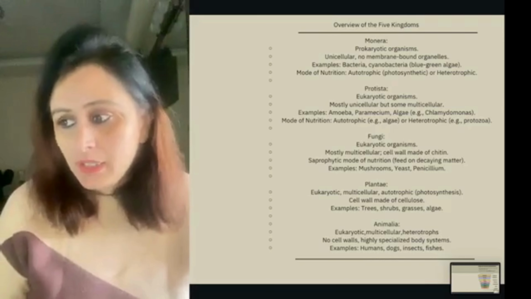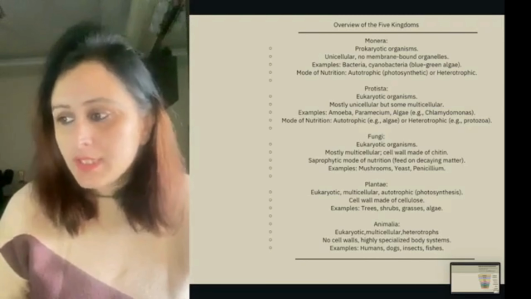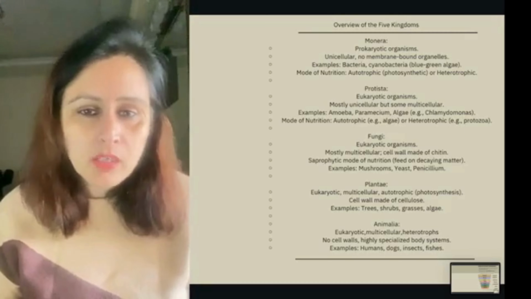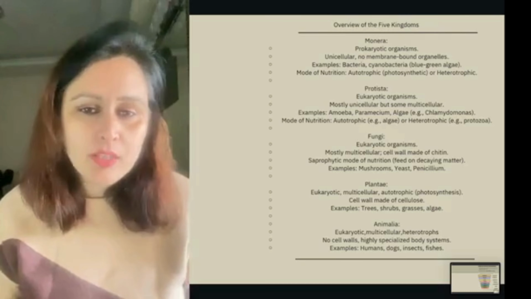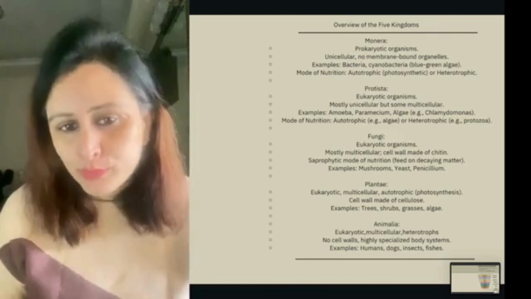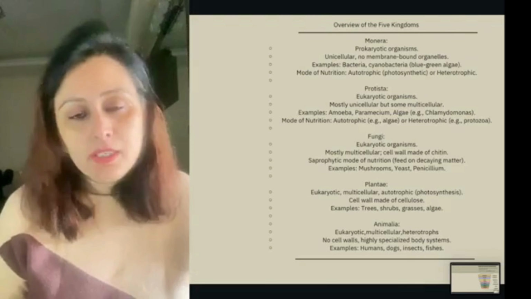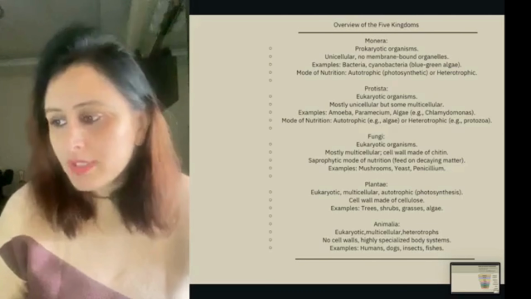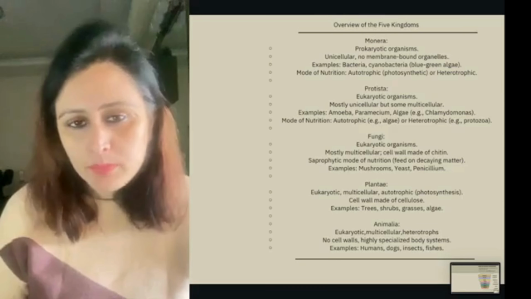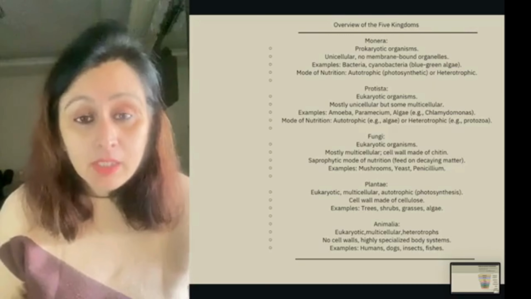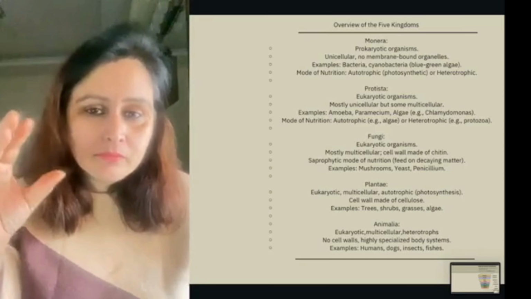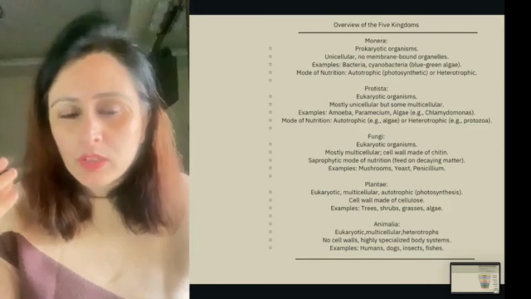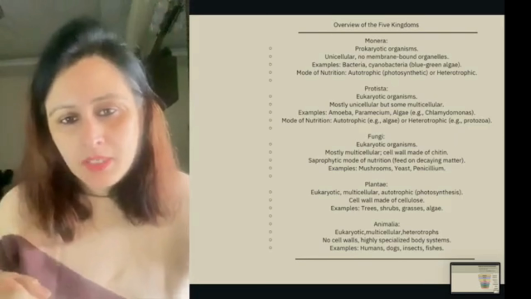Last one is the Animalia. They are eukaryotic, multicellular, heterotrophic mode of nutrition, because we know that animals do not undergo photosynthesis. They cannot produce their own food, right? So that is why the heterotrophic mode of nutrition is seen here. No cell wall is seen. Highly specialized body system. उसका क्या मतलब है कि like we have various body or the organ systems inside our body.